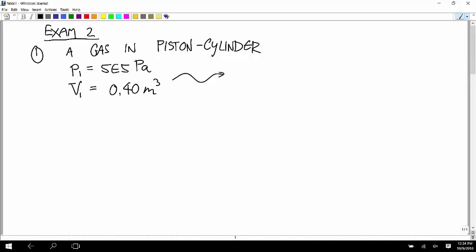And the process takes it to a second pressure of 2.0 times 10 to the 6th pascals. And we know that the relationship between pressure and volume is pressure times volume to the 1.3 is equal to a constant.